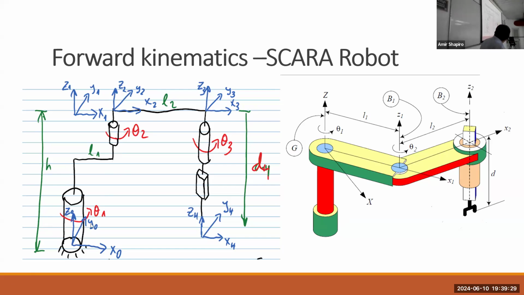We take the first reference frame, the world reference frame, and then this is the first one rotated by theta 1 about Z0, and then the second one is rotated about Z1 by theta 2, and the last one is rotated by theta 3 around Z2, and here there is a translation of D4 from reference frame 3 to 4, the end effector, as you can see.